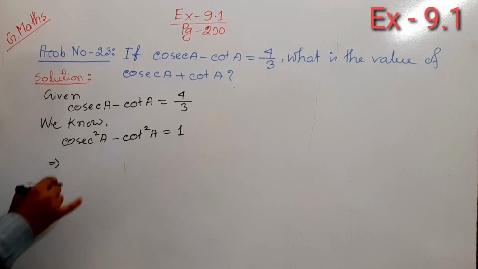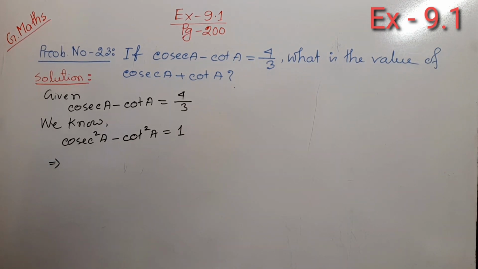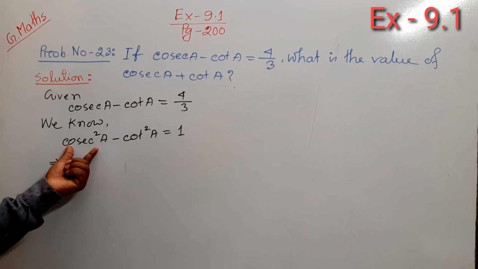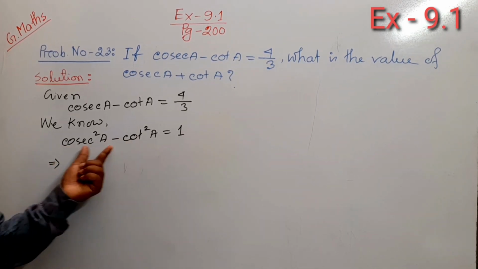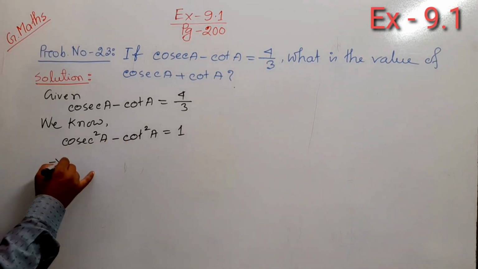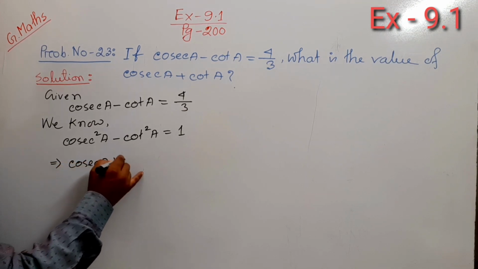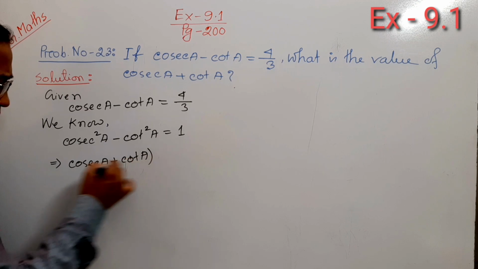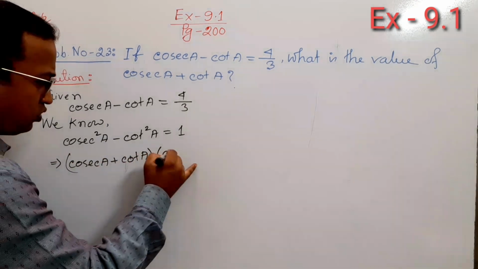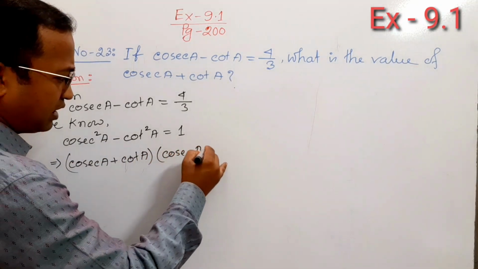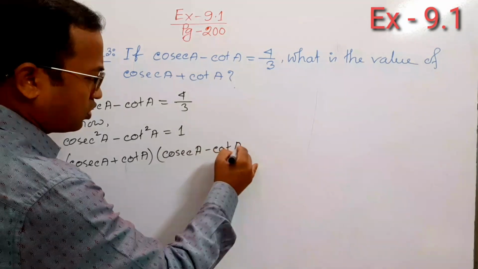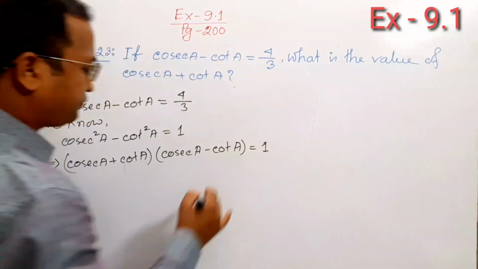So here we can use the formula a square minus b square: this is a square and this is b square. A square minus b square is a plus b into a minus b. So cosec A plus cot A into cosec A minus cot A equals 1.